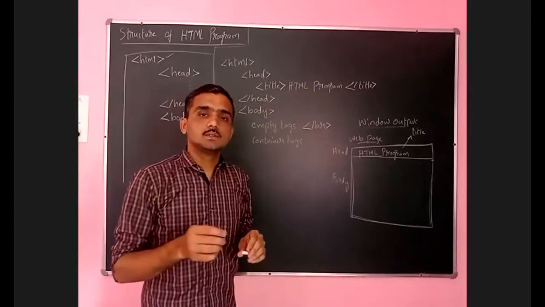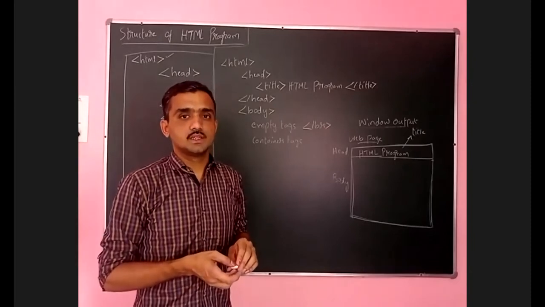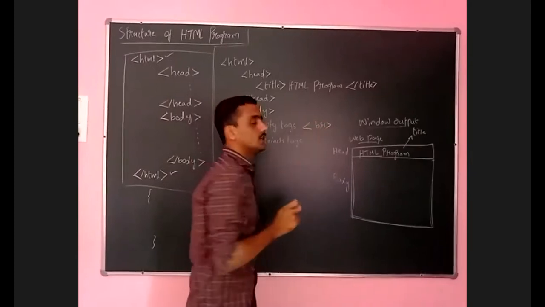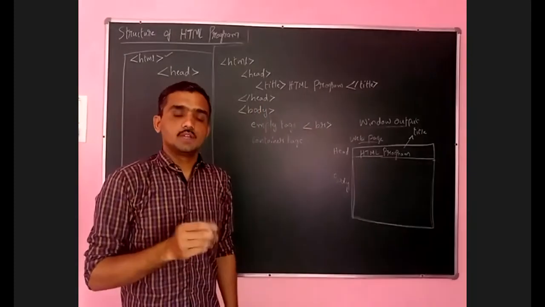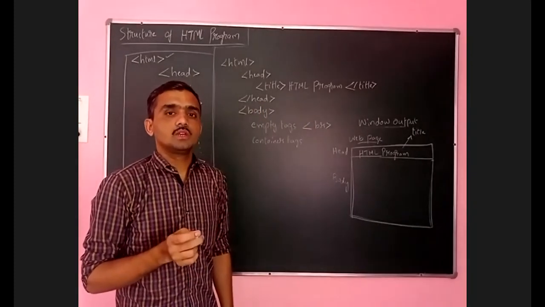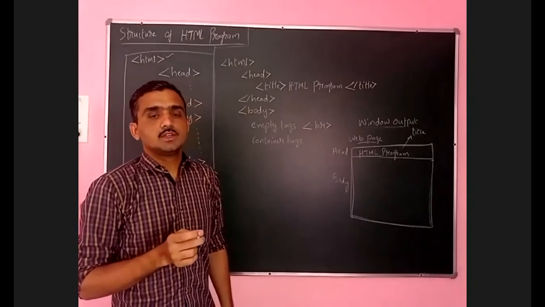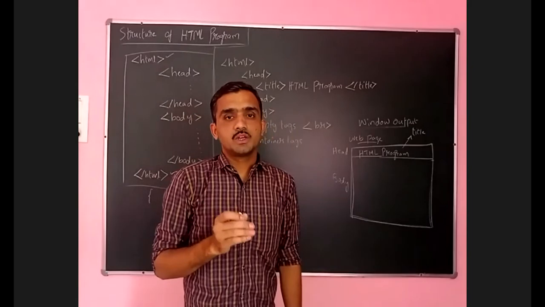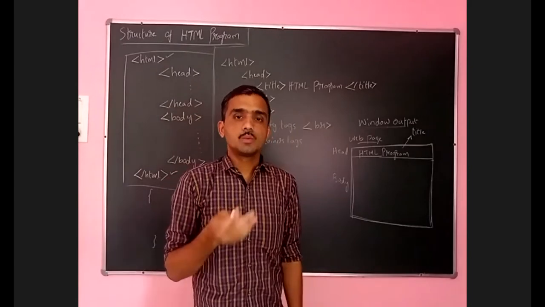There are some ways of practicing these tags. Some people will write just one tag, that is, the starting tag. That also works. But whenever we write HTML tags, one thing we have to remember is that the output should be displayed correctly on all browsers.